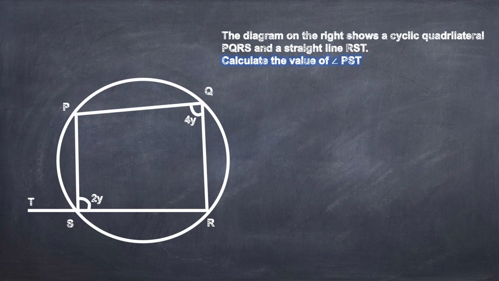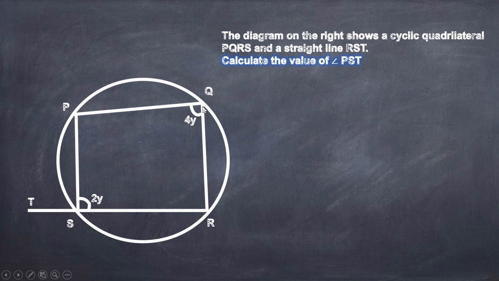So the diagram on the right shows a cyclic quadrilateral PQRS and straight line RST. So calculate the value of angle PST. In order to find the value of PST, we need to know the value of y.